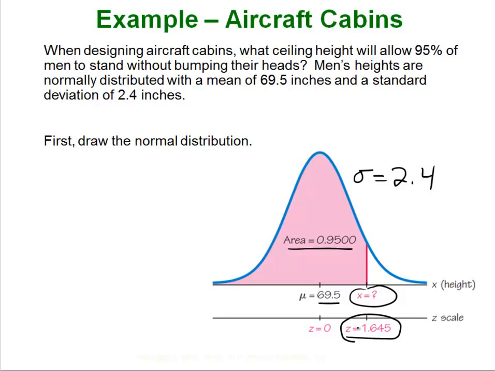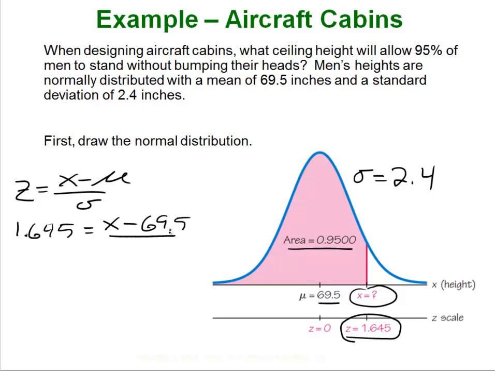And then from there, they want you to go and plug it into the formula. Z-score equals x minus mu over standard deviation. Plug in what you have and solve for what you don't have. So 1.645 equals x, which is what we're looking for, minus 69.5, all over the standard deviation of 2.4, and now solve for x.